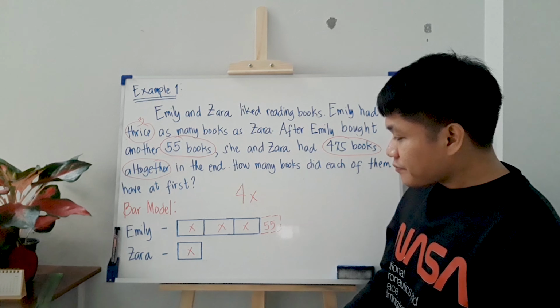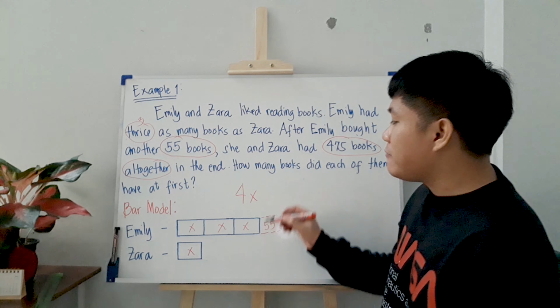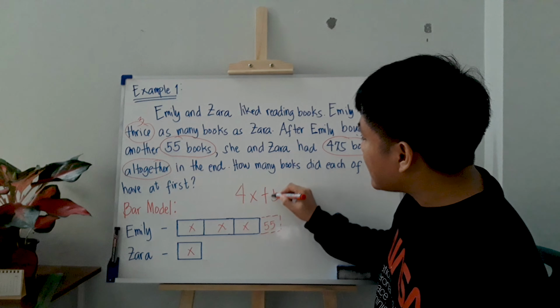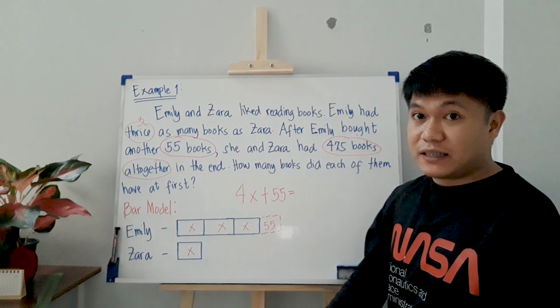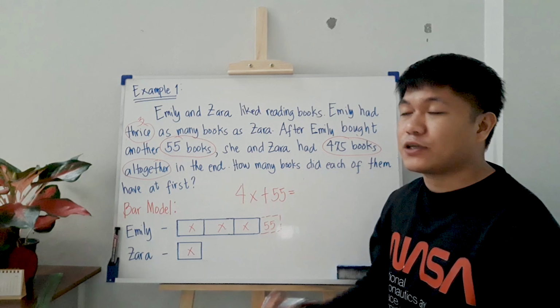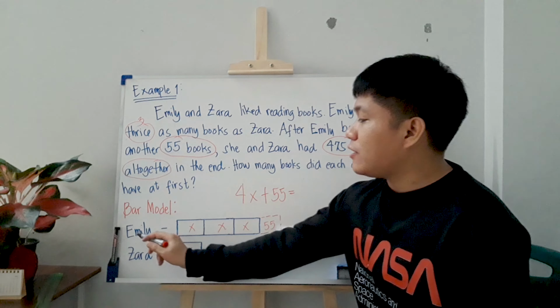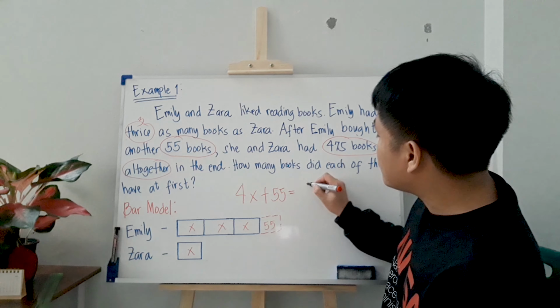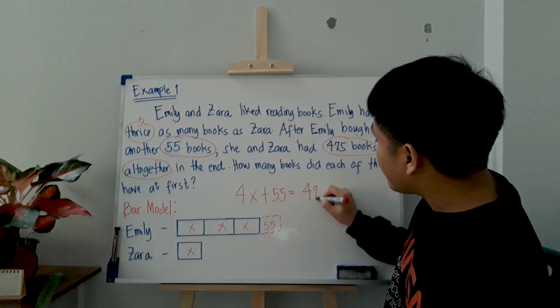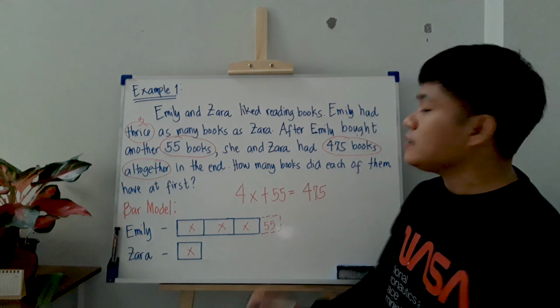And then, do not forget this 55 because this is also counted in the number of books of Emily, since she added 55 books to her collection. So altogether, Emily and Zara have 475 books.